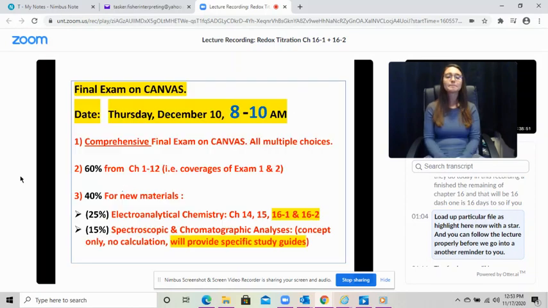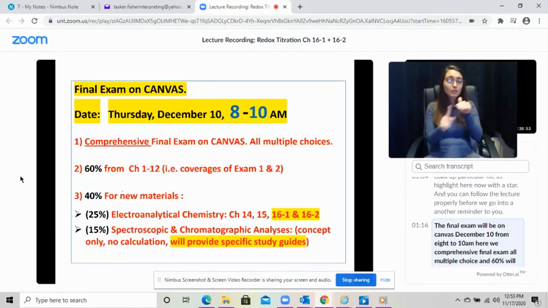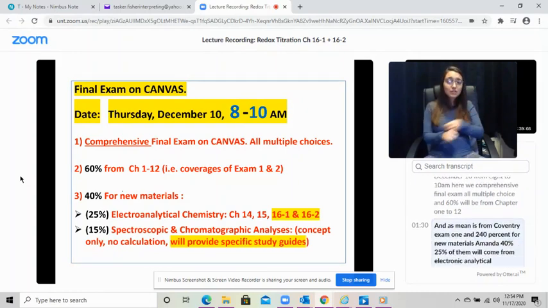Before we go on, another reminder: the final exam will be on Canvas December 10 from 8 to 10 a.m. It will be a comprehensive final exam, all multiple choice, and 60% will be from chapters 1 to 12, which is the coverage of exams 1 and 2. 40% is for new material.